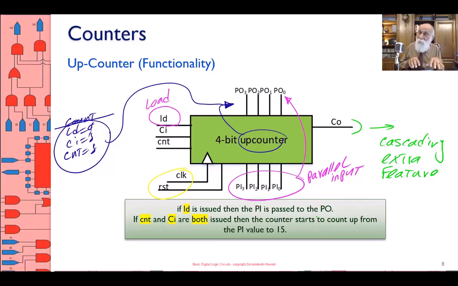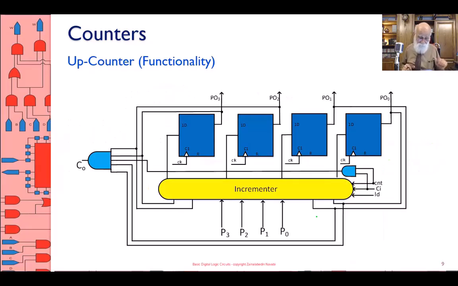And even if you do parallel loading, and you load 1, 1, 1, 1 into it, if carry in is 1 and you have just loaded 1, 1, 1, 1 into it, carry out becomes 1 also, provided the count mode becomes 1. All right. Anyway, how do we build this?